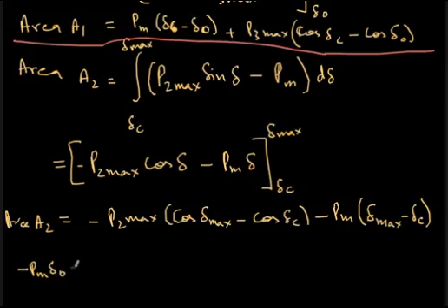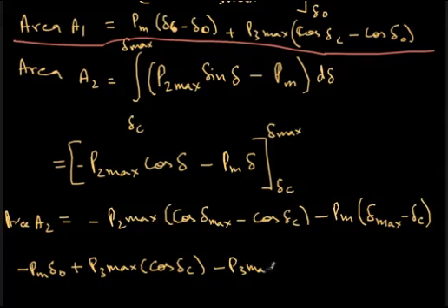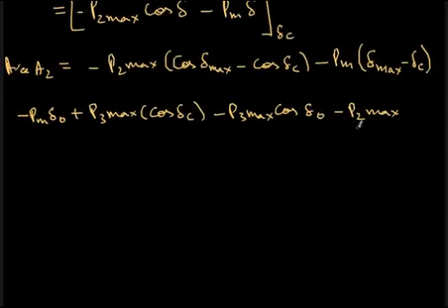Then P3 max into cos of delta C. In fact, I'll open this bracket. So plus minus P3 max cos of delta naught. So this is done. Now in this, I'll get minus P2 max cos of delta max. And then this minus into minus will become plus P2 max cos of delta C.